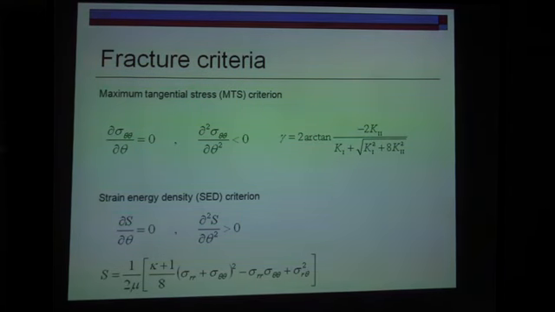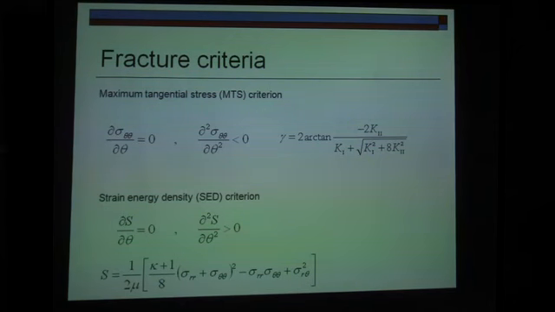Here we can see the two criteria which we use. It's the maximum tensile stress criterion. The crack is going to propagate where the stress has its maximum. On the right side we can see the equation for classical fracture mechanics, where we use only the first member of the Williams expansion.